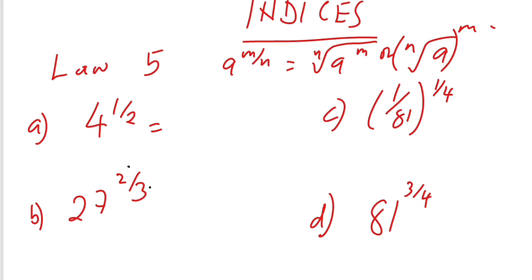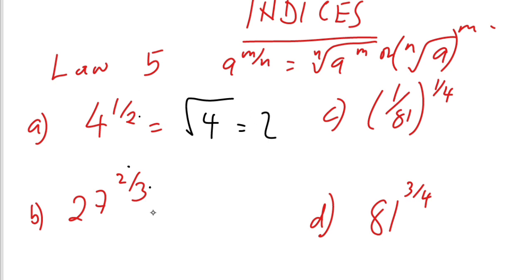Now the last rule is about fractional indices. If you have a base which has a power that acts as a fraction, the numerator becomes the power, the denominator becomes the root. So for question A, it is 4 to the power of half. It basically means that the denominator, which is 2, is the square root. So the square root of 4 to the power of 1, which is just 2.